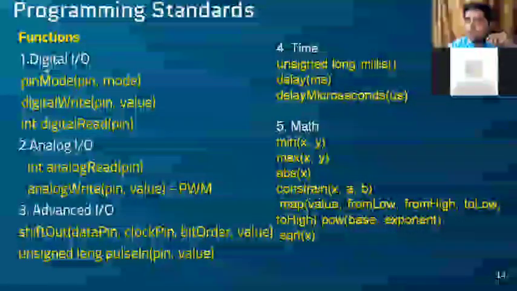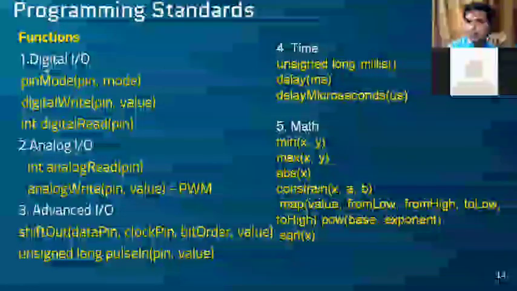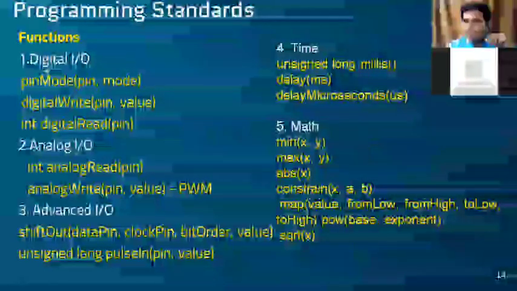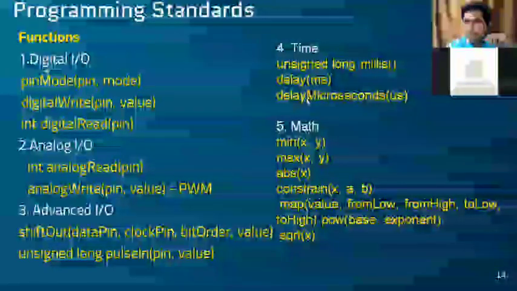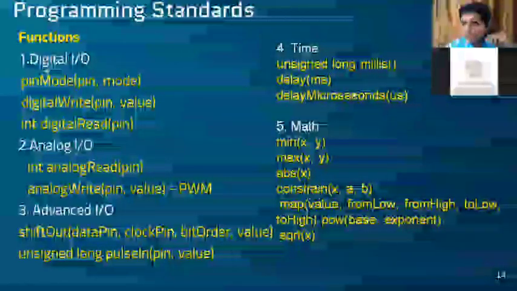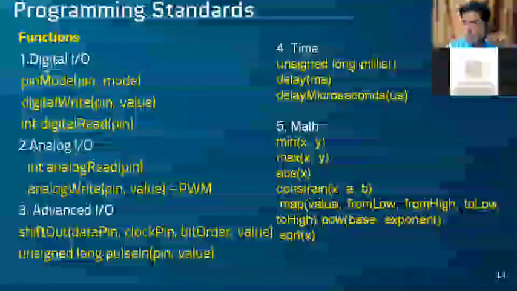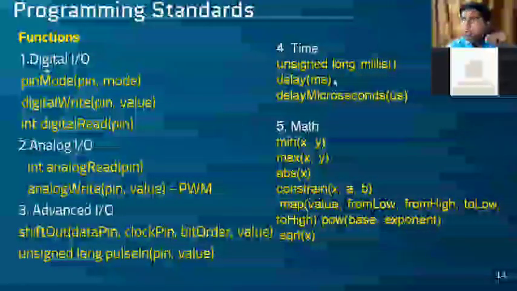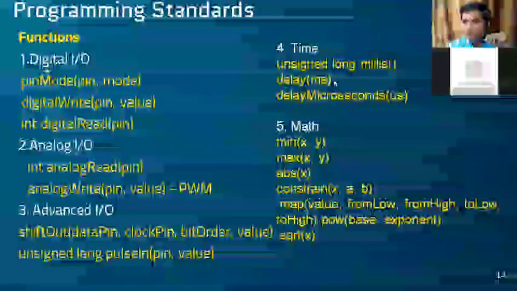Then you have to define your timing, that is delay in milliseconds. In programming I always use milliseconds. So if I write delay 2000, that is in milliseconds. Then delayMicroseconds you can use, and you can use unsigned long millis, that is for timing, how much time you want that program to repeat.